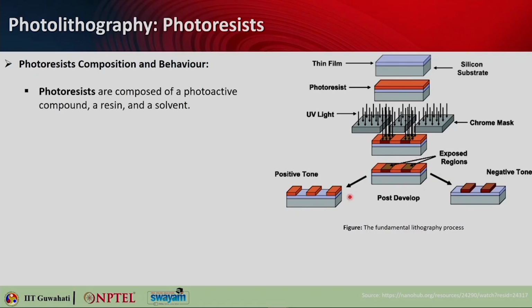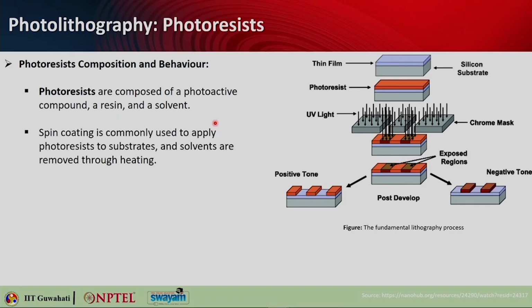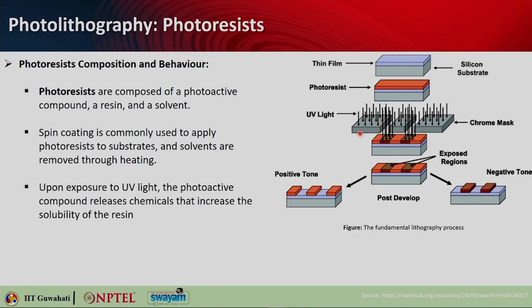As you understand here, the photoresist is basically composed of a photoactive compound, a resin and a solvent. And how do you apply photoresist? As I mentioned, spin coating is commonly used to apply photoresist on the substrates, and solvents are removed through heating. Once you expose them to UV light, the photoactive compound releases chemicals that increase the solubility of the resin.